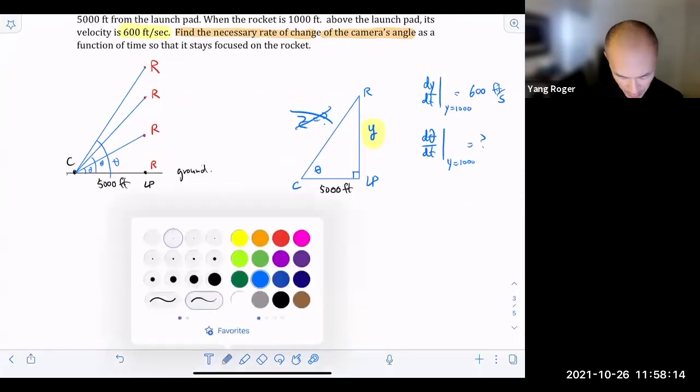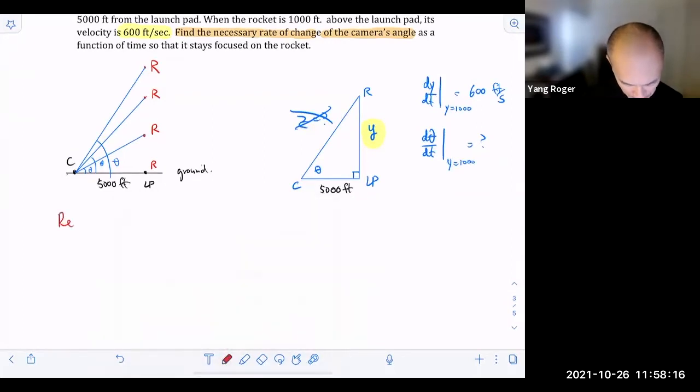The next thing I want to do is relate the variables. So I have a right triangle here. I have a theta. I have two sides labeled. What's the relationship between theta, the opposite side, and the adjacent side? Does anybody know? Theta, opposite, adjacent. What's the relationship?